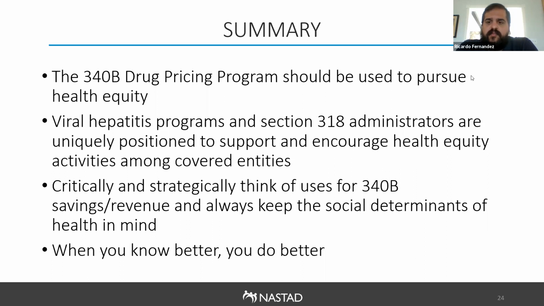It's really important that when you create agreements with organizations, you're very clear about what you expect them to do with the program income, and that you monitor the utilization of the program income to make sure it's invested appropriately. Unfortunately, the 340B program income model is a great model, but it can sometimes be harmful, because there's a lot of money in HIV drugs, hepatitis C drugs and cancer drugs.